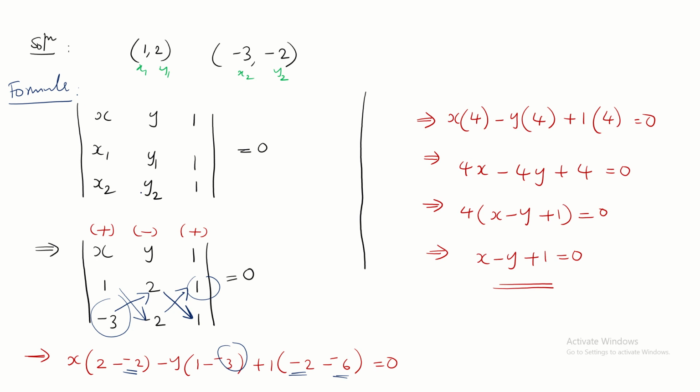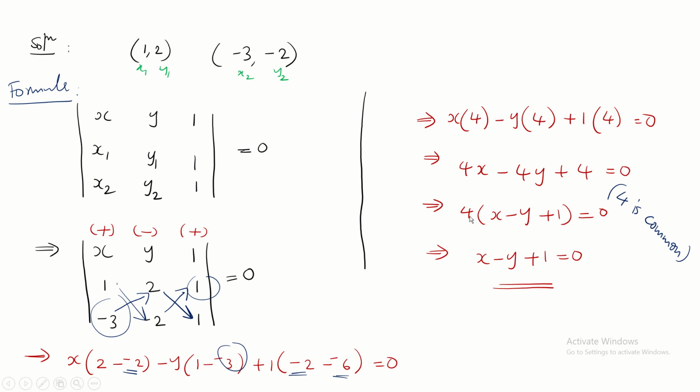4 is common here. Taking it outside the bracket, 4 into x is 4x, minus 4 into y is 4y, plus 4 into 1 is 4. So 4 I'll take common outside the bracket.